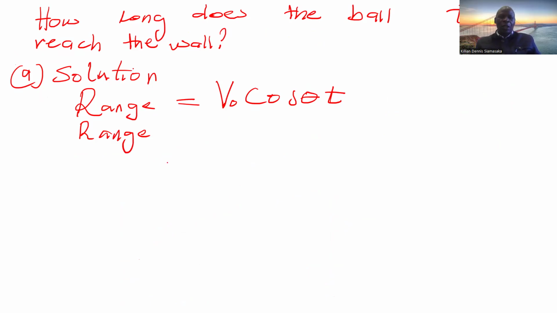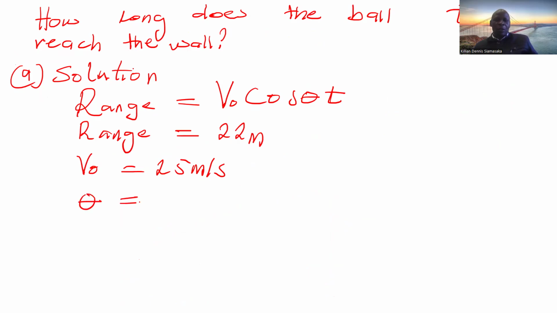Therefore, the range is 22 meters. And we know the initial velocity is 25 meters per second, and the angle it makes with the horizontal is 40 degrees. And the time, which we are calculating here, we don't know.